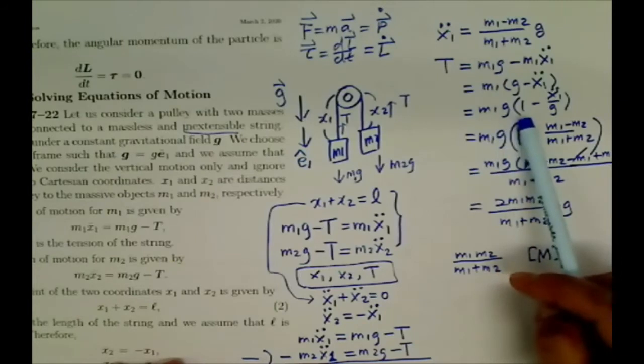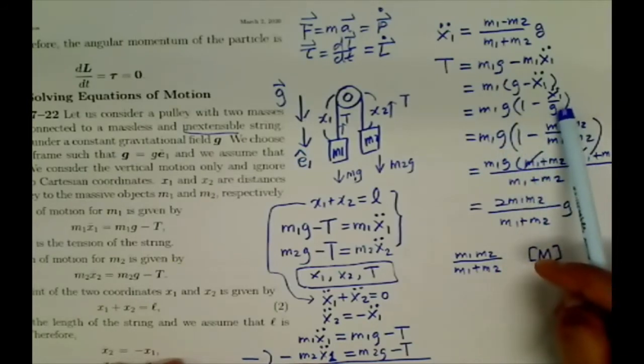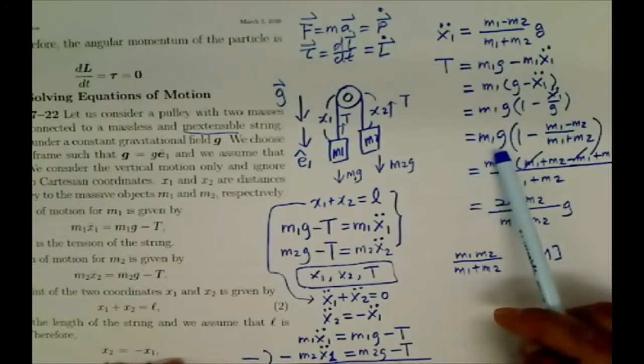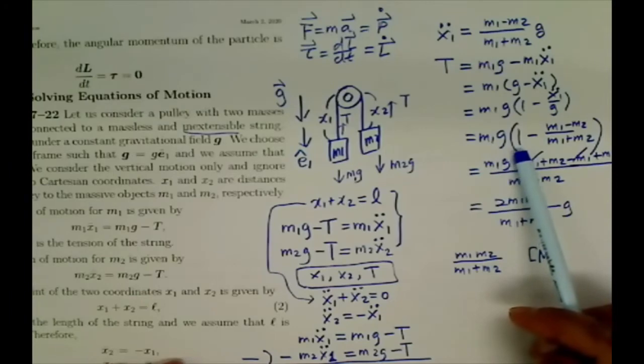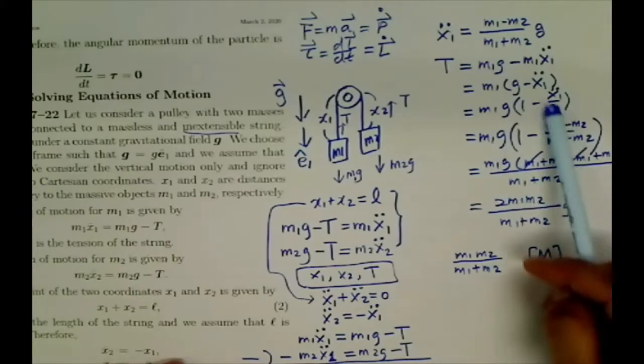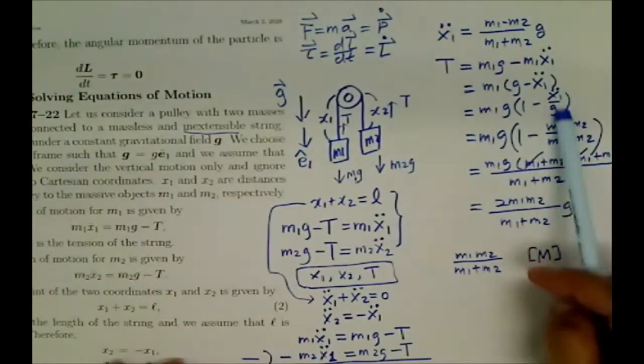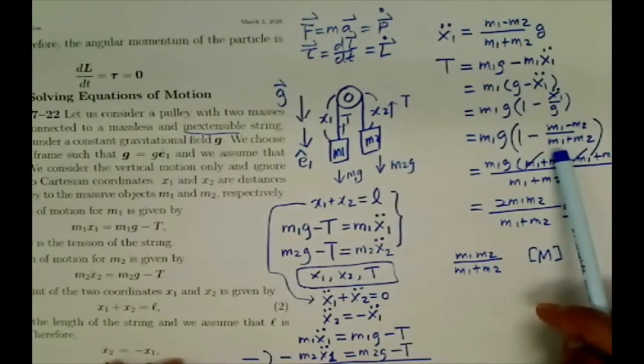And g is again factored out. That becomes 1 minus x1 double dot over g. And then m1g, open the parenthesis, 1 minus this factor, (m1 minus m2) over (m1 plus m2).